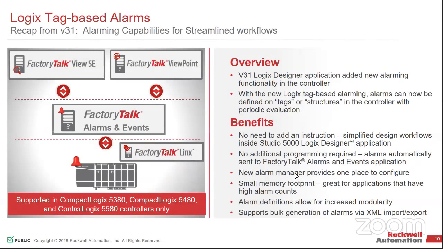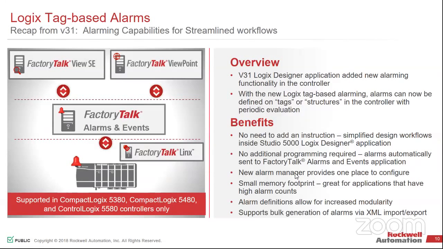Now the ability that only exists on the L8s and the 5380 is these logic tag-based alarms. It's a new, essentially periodic task that happens inside of the controller, and you can think of it as a spreadsheet. It's the same functionality that I had at the HMI level, where I can set up all my different alarms in an alarm sheet format.